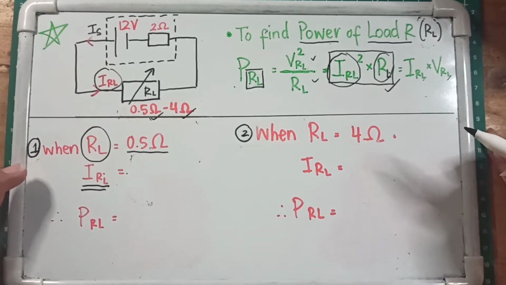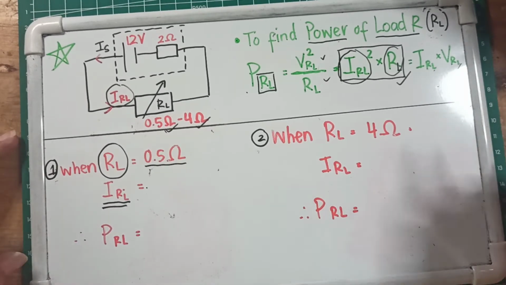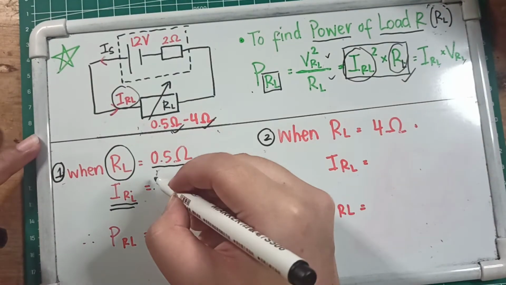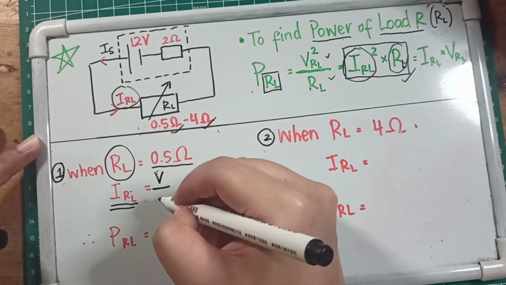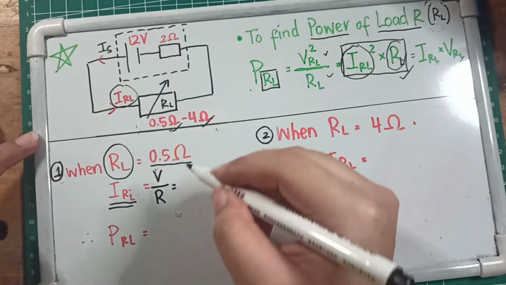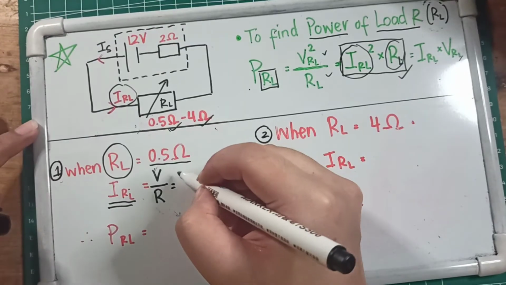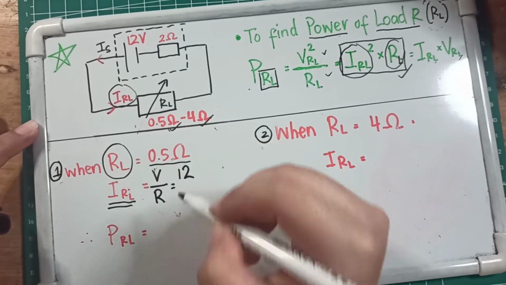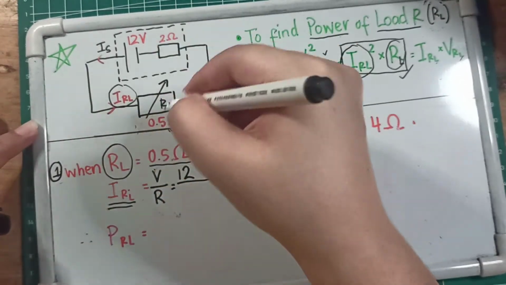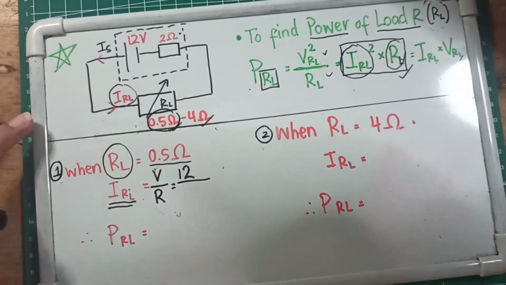So to find the source current, or the current in the load resistance, we just need to find V over total R, total voltage over total resistance, because it's a series circuit. I know my voltage is 12, and I know my total resistance is 2 plus 0.5.